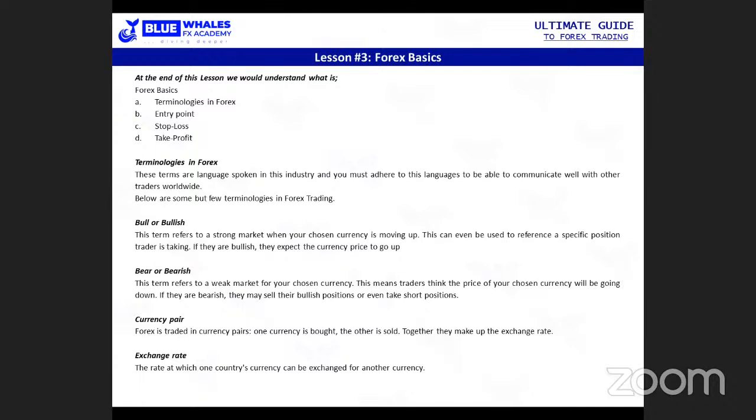Another example is a big institution or company that wants to buy something. Let's say Coca-Cola wants to buy some raw materials. They cannot just say, we need this, so we are giving dollars. In Ghana, we don't use dollars, we use cedis. So the Coca-Cola company will have to exchange.